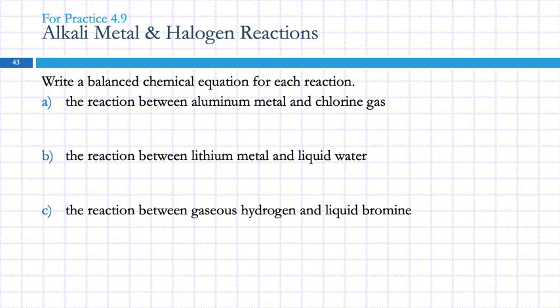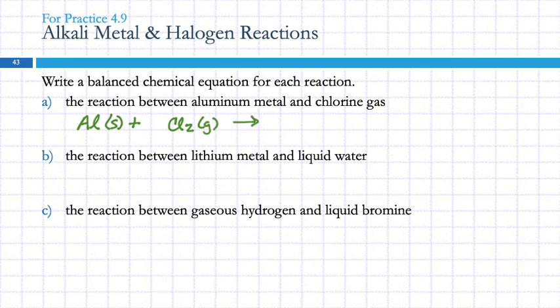Okay, well, let's write down those formulas. Aluminum metal, is it a solid, a liquid, or a gas? It's a solid. And chlorine gas, what's the formula for chlorine? Cl2 gas.